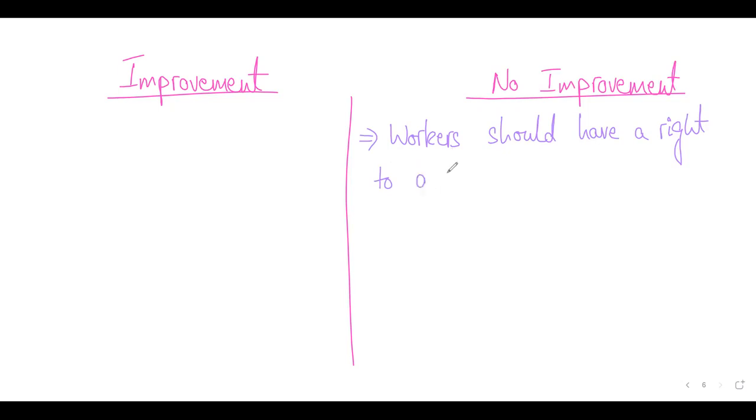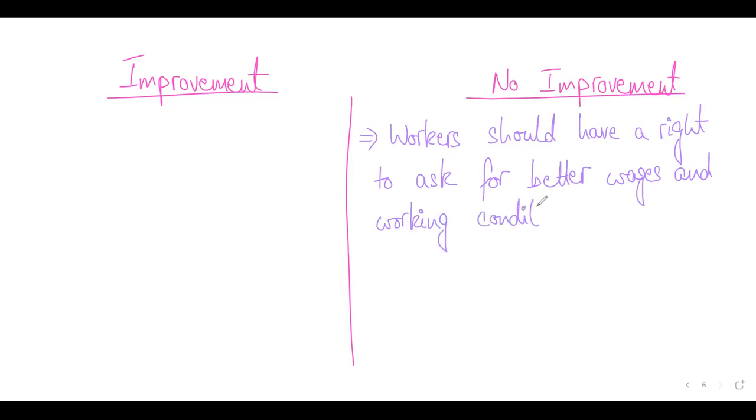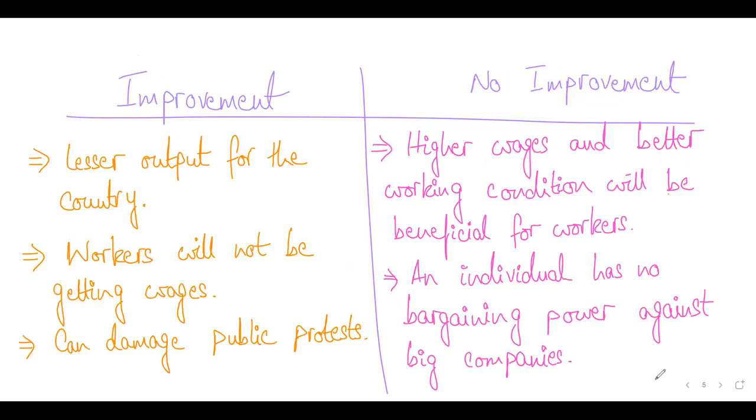Do you agree with me? So these are some of the things that you need to remember, right? Okay, and this is all what you need to write in this question.